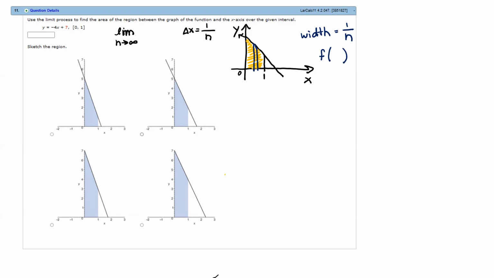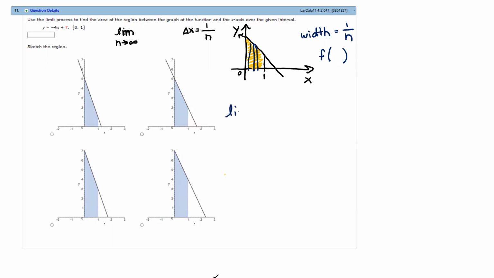Since we're starting off at 0, the height of each of these is increasing: 0 plus 1 over n, plus 2 over n, plus 3 over n, and we continue that pattern until we get to 1. That's how we divide it up into n rectangles.